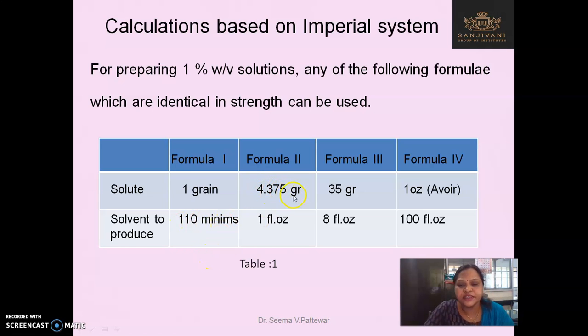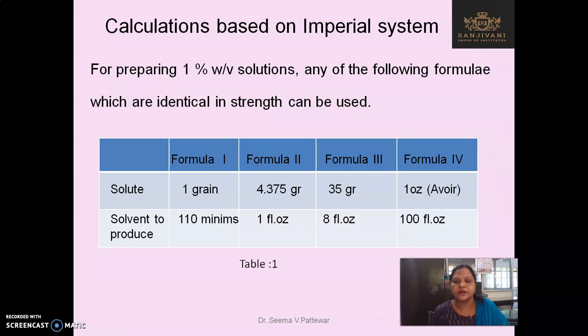Again 4.375 grains in 1 fluid ounce gives 1% solution. 35 grains in 8 fluid ounce gives 1% solution. 1 ounce in 100 fluid ounce again can give 1% of the solution. So 4.375 grains in 1 fluid ounce gives 1% solution.